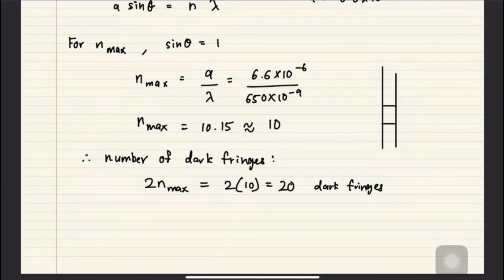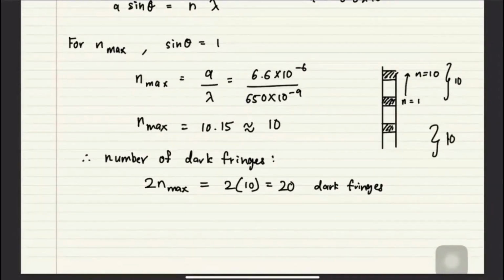So basically this is the first dark. So bayangkanlah dia ada banyak sampai ada 1 point tu, katakan ini adalah yang ke-10 tu. Okay. So from here, dia ada 10 kat atas, 10 kat bawah. 10 tambah 10, so jadi 20. Kalau bright, you have to add 1 center bright fringe. Okay, faham ke tidak? Faham, sir.